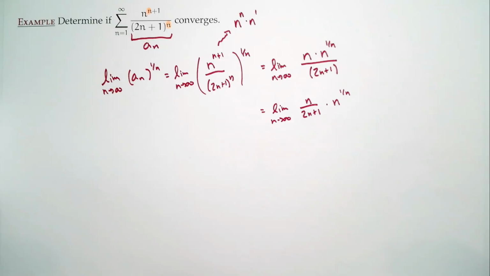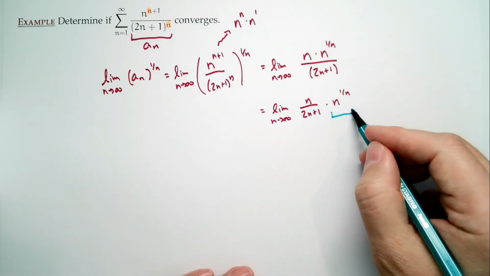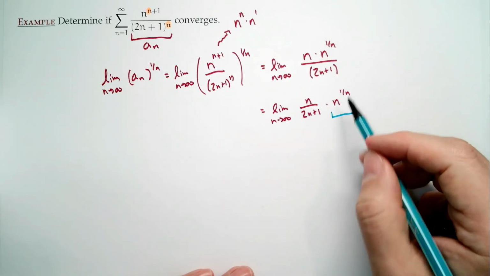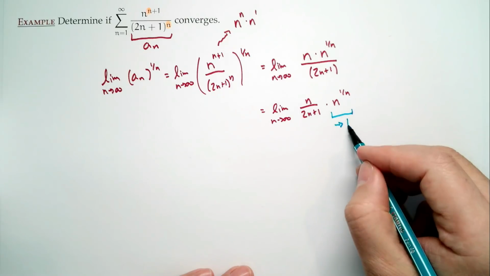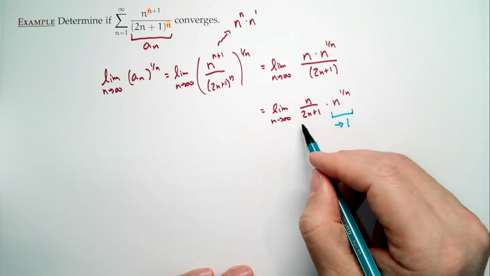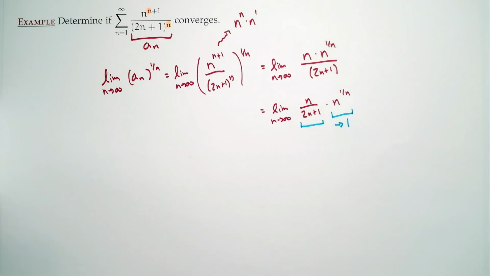Well, n to the power 1 over n, that's a really important limit and one that we should know by heart. What happens to n to the power 1 over n? That goes to 1. How about n over 2n plus 1? Now, we may not necessarily know that particular one by heart, but that type of limit is something we should be comfortable with and something that we should recognize what to do.